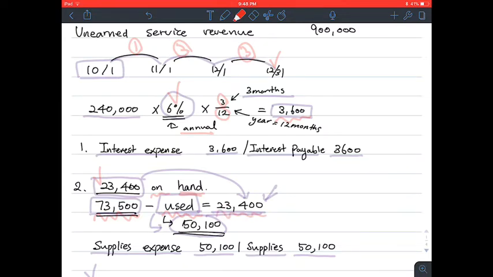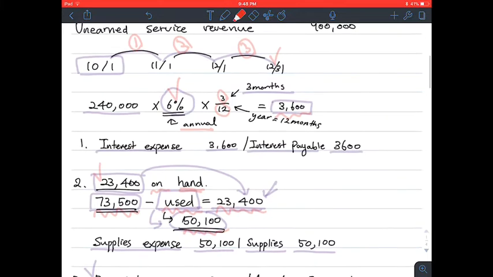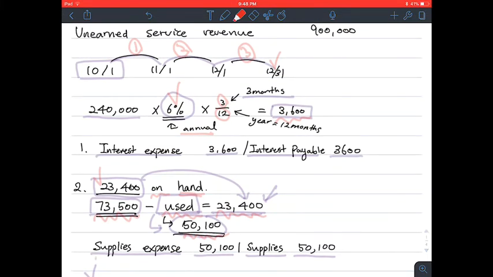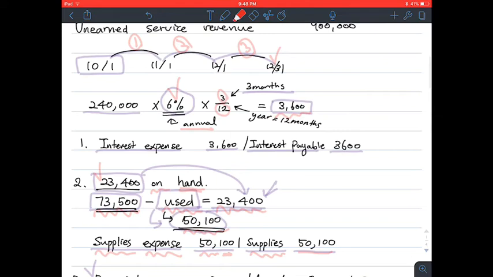So how much are used? 50,100 of supplies are used. So we have to record supplies expense as 50,100 on the debit side, and on the credit side we have to deduct supplies by the same amount.